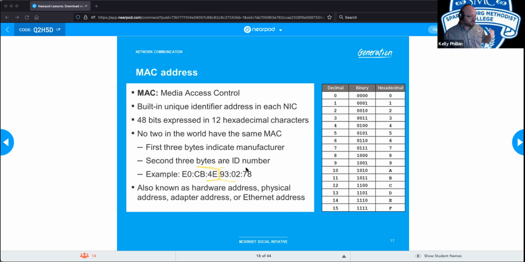So instead of 8, we broke it down into 4. Well, they found a more efficient way of utilizing the binary system to convey more information in a shorter period.